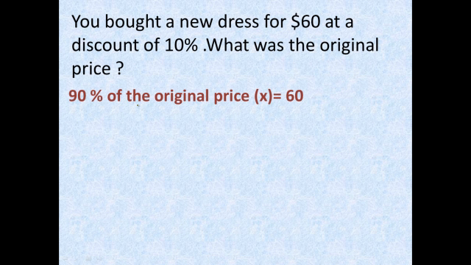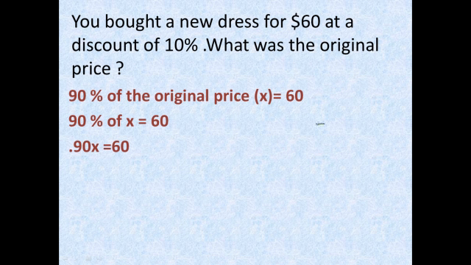90% of the original price, which is X, was $60 because you paid 60 for it. If you write this equation, 90% of X is 60, or 0.90X. Now, why have we used 0.90 for 90%?